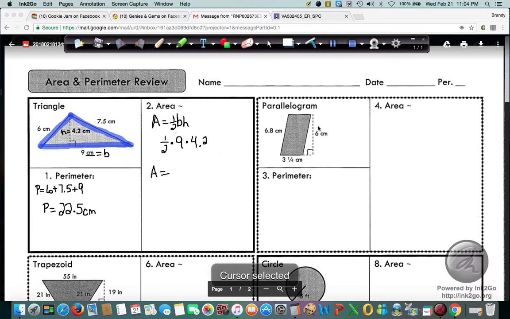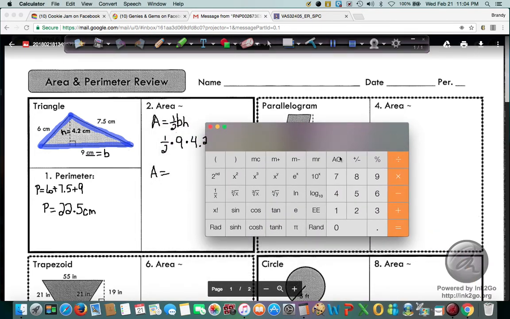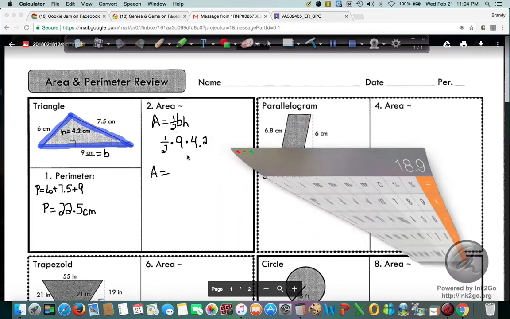All right, area is going to equal 1/2. So that's 1 divided by 2, right? 0.5 times 9 times 4.2. 18.9. Excellent.